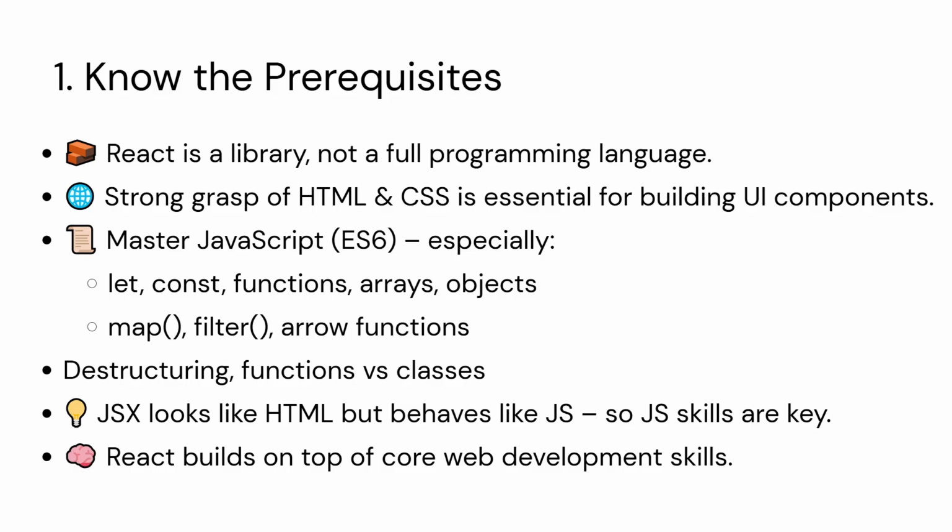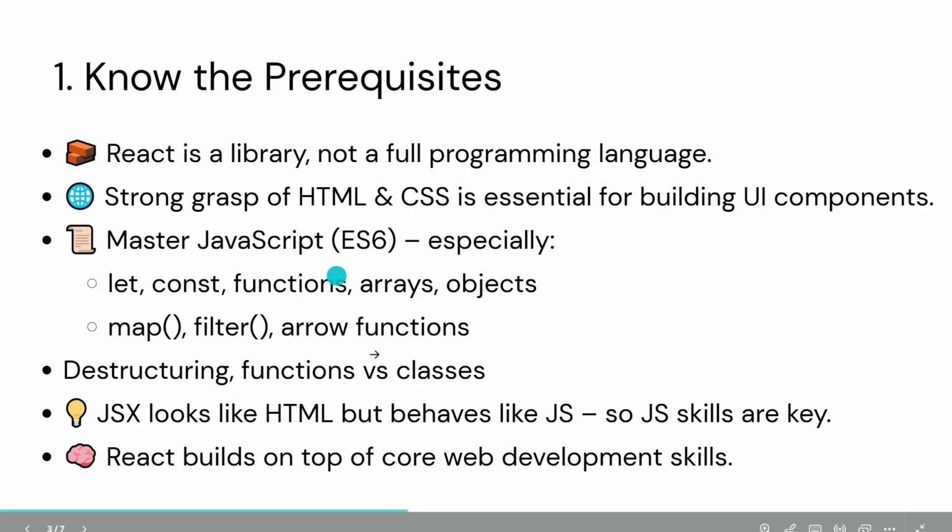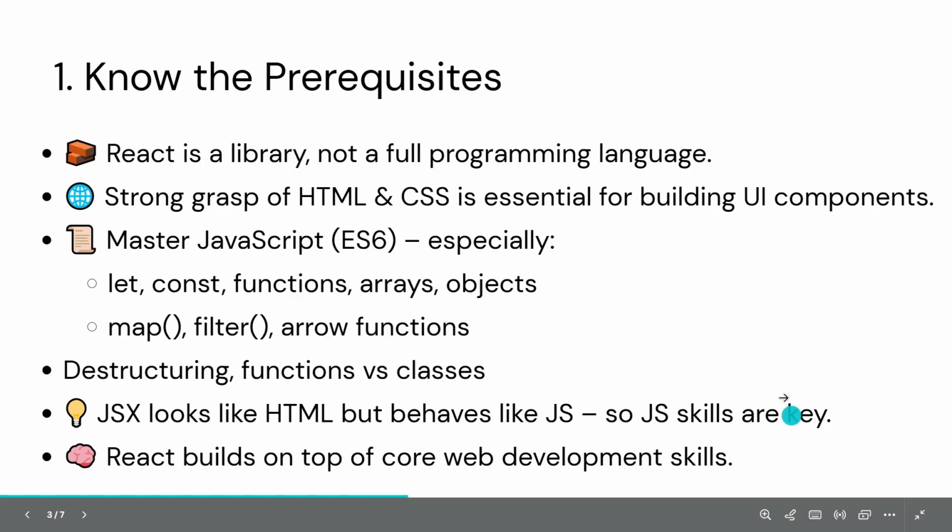If you are comfortable with other programming languages, let's say C++, Java or C, then these concepts might look familiar to you, because the language might be different, but the concept is the same. We define variables in both languages, we use functions, we use arrays, everything, just the syntax might be different. Okay, so this was the first thing: you need to know the prerequisites.